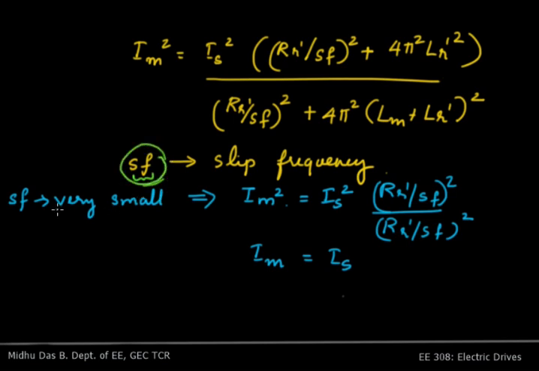So when SF is very small, this term is dominating in the numerator as well as denominator, or these two can be neglected. So you get an expression that Im is equal to Is when slip SF is very small. Please note that you want to maintain this Im at a constant value.